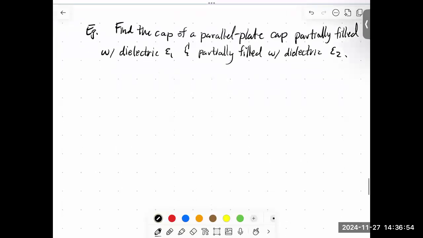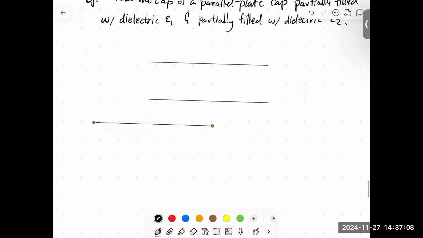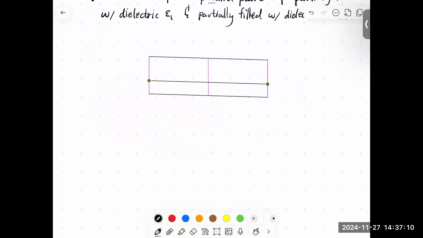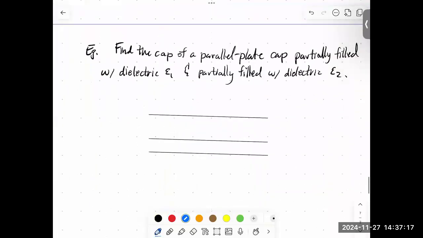All right, so here, I think. All right, so what we'll do is let me paste another one. Something like that. What we'll do is we will make this one dielectric epsilon 1 and this one dielectric epsilon 2.